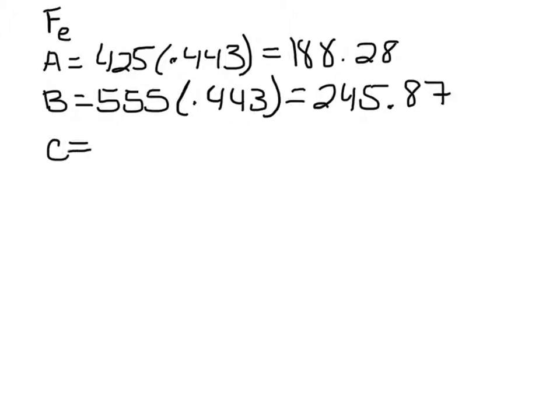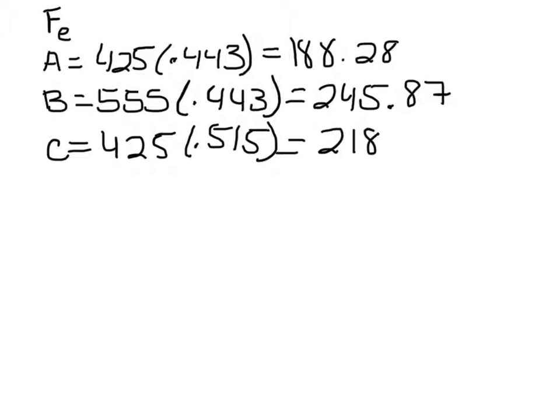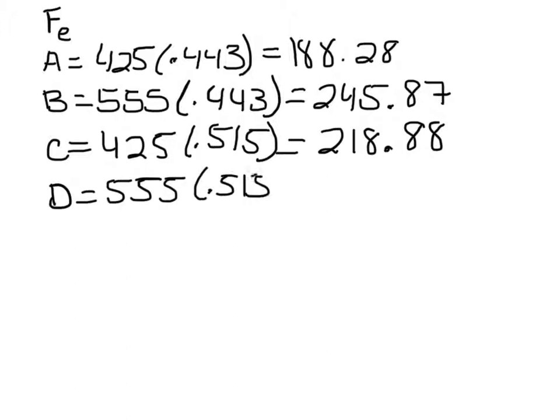And then cell C is going to be 425 times 0.515, which is going to give us 218.88. And then cell D is 555 times 0.515, which equals 285.83.